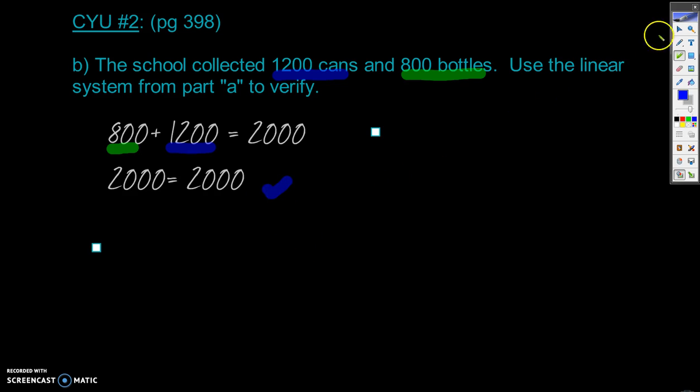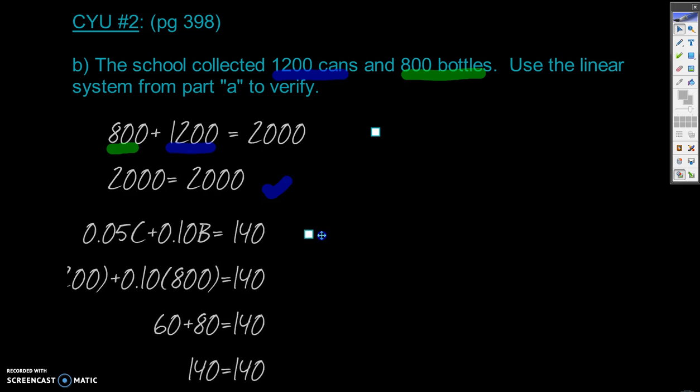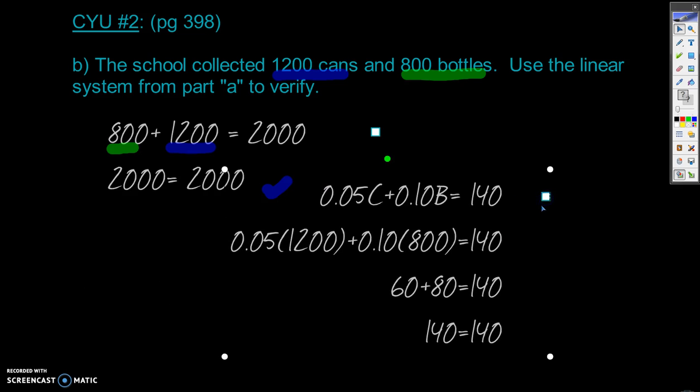That checks out. That's good. Okay, now our other equation, which is a little bit lengthier. So we have our equation that we found out, and we're substituting that 1,200 in for the cans, the 800 in for the bottles, and now we're just multiplying.